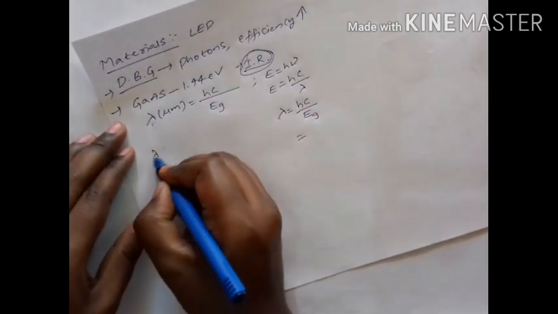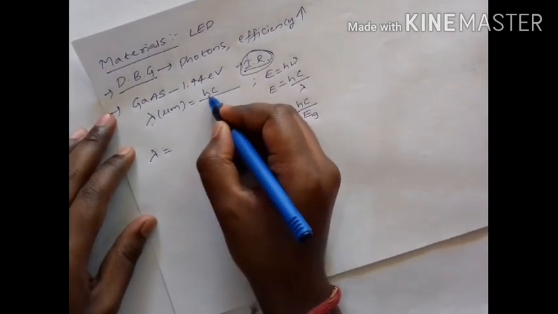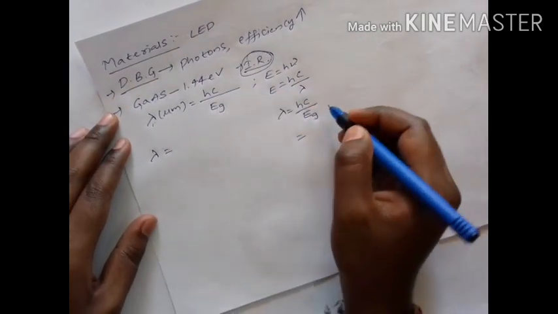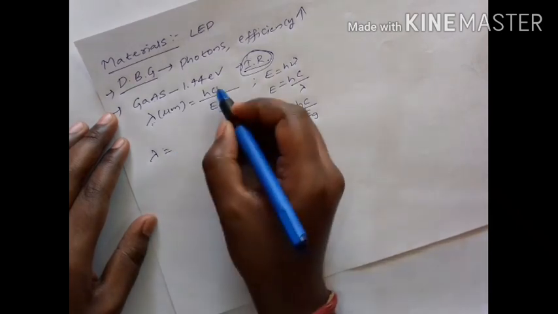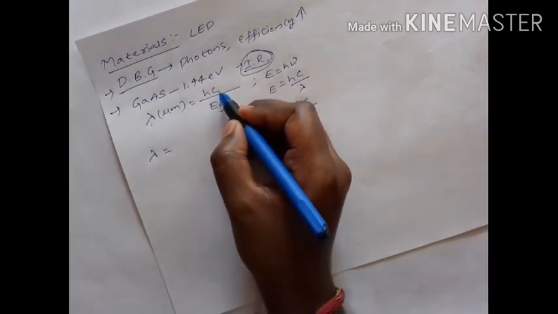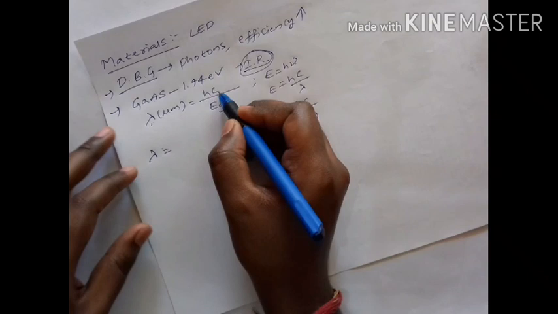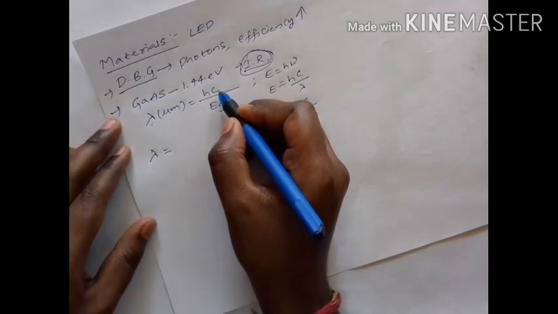We know that h is Planck's constant, whose value is 6.625 into 10 power minus 34, and c represents the velocity of light, that is 3 into 10 power 8 meters per second.